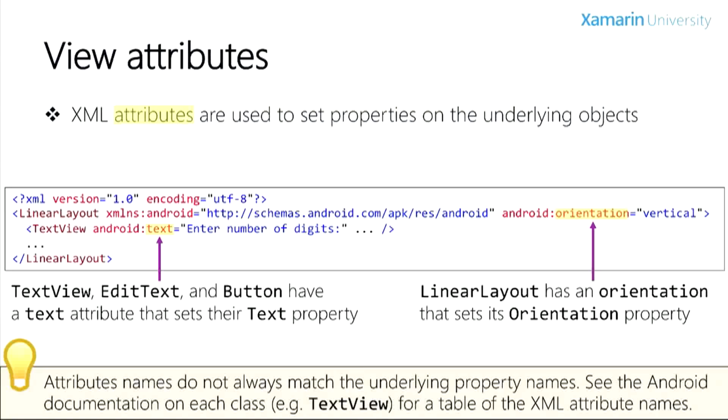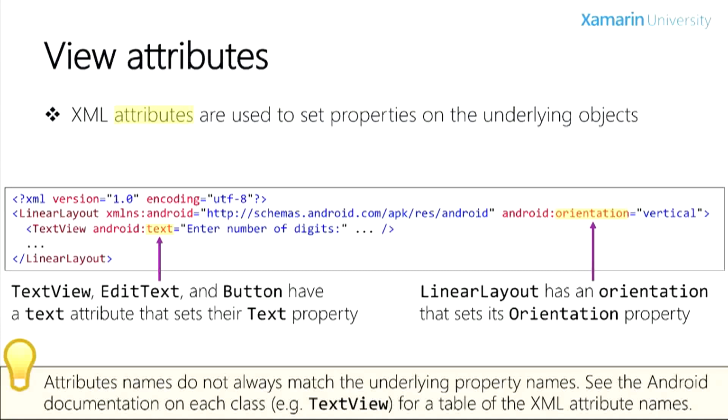The two examples that I have on the screen here, we do have a match. So lowercase o orientation sets the uppercase O orientation property, but that's not always the case. And it's often a good idea to read the Android documentation for each class. The Android documentation for each of these UI views has a table that tells you the names to use for the attributes in XML.